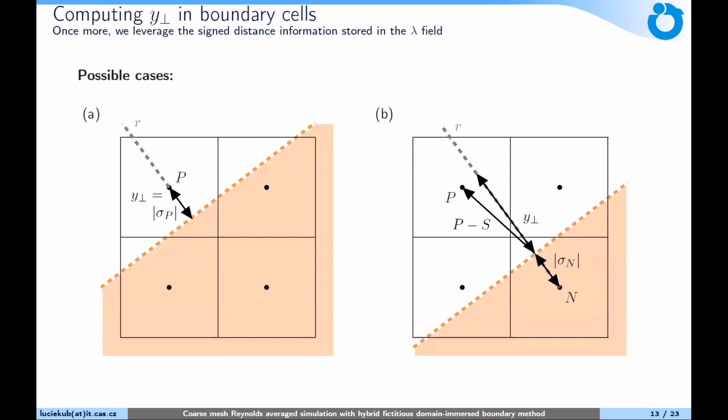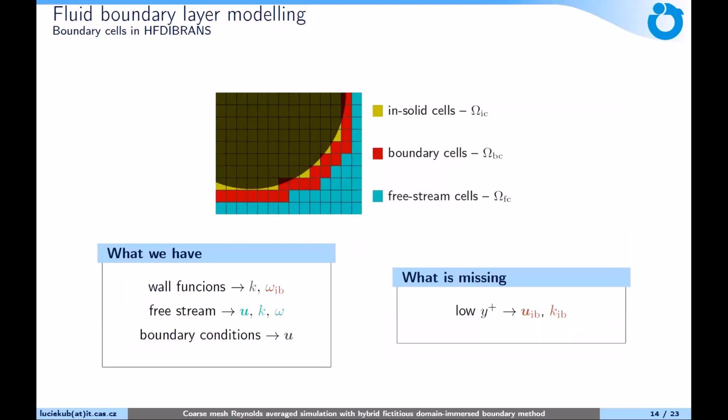So we can use wall functions. So, to conclude the wall functions part, omega is simple because wall functions for omega are designed in such a way that they return a value. We just use it simply as it is.